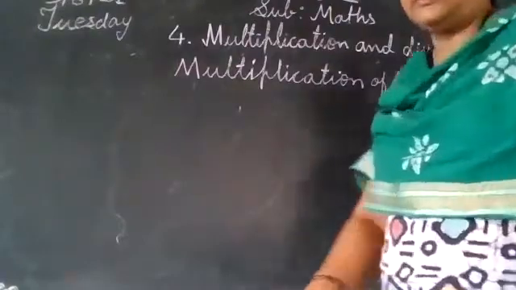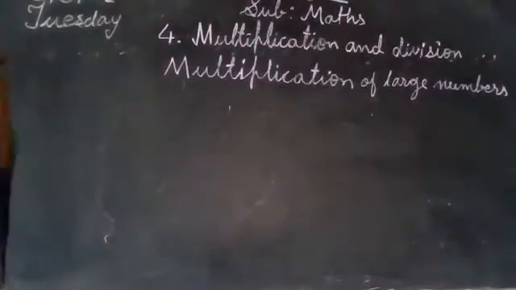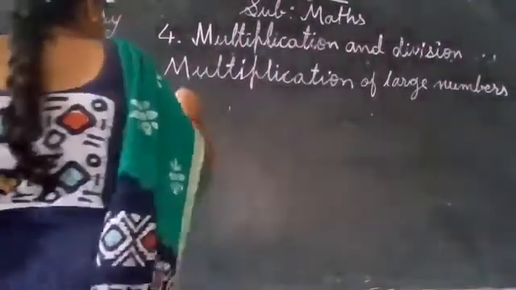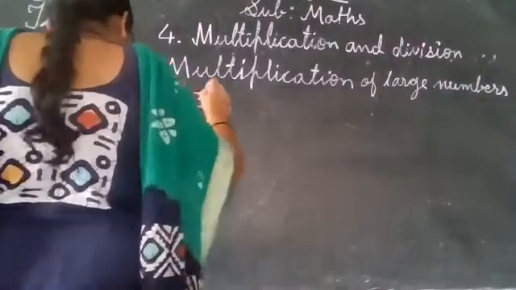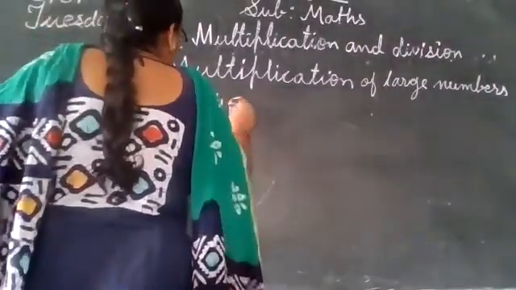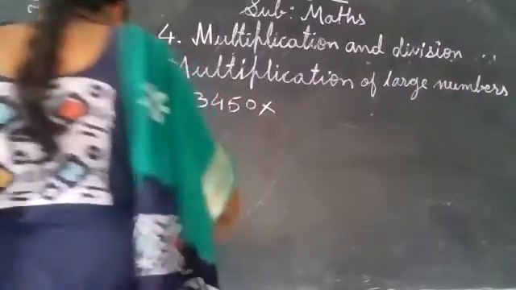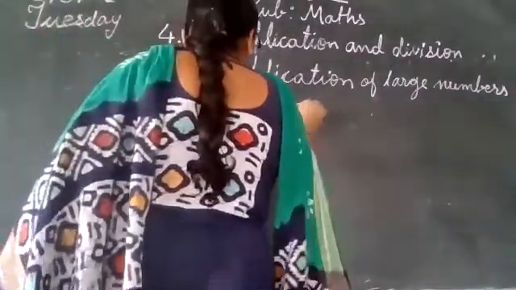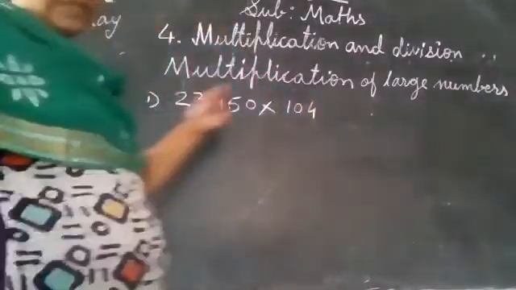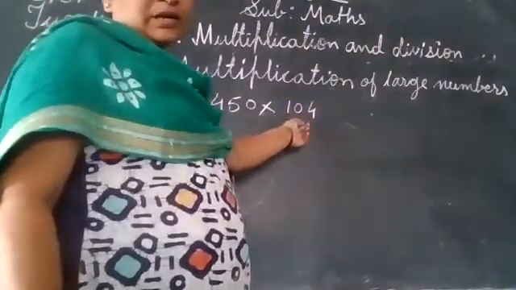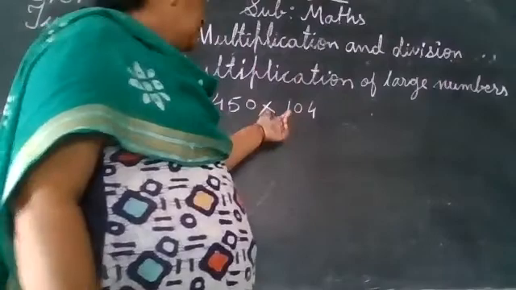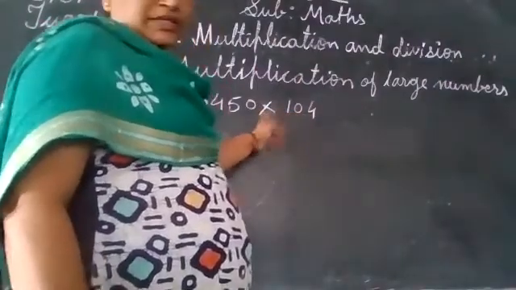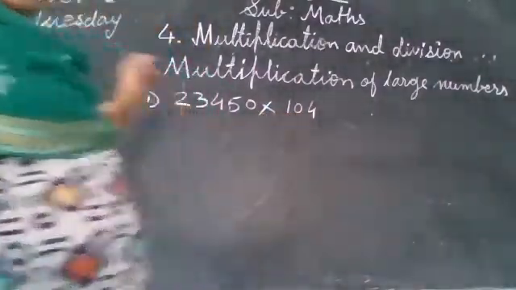Okay, so let us learn first 23450 multiplied by 104. Now see this 104, it is not a multiple of 10. Okay, so you have to multiply each digit separately by this number.